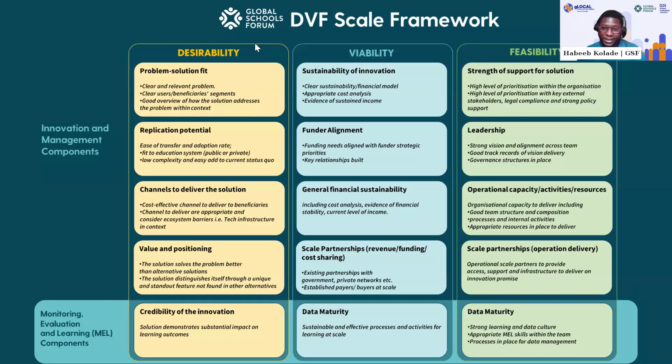Do they have the right leadership and the right governance structures to ensure the organizations continue to move in the right direction and continue to check whether things are done properly? Is there the right operational capacity within the team to deliver? Do you have the right team to deliver on the promises that you're making through your solution? And do you have the right resources to support that team?